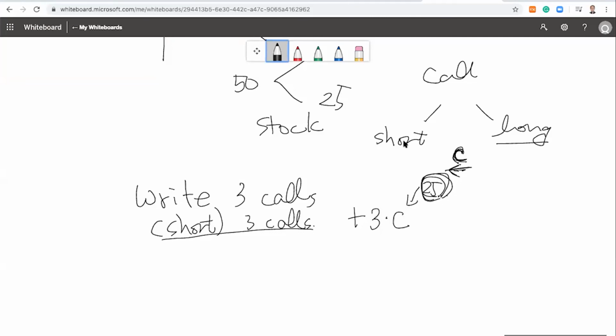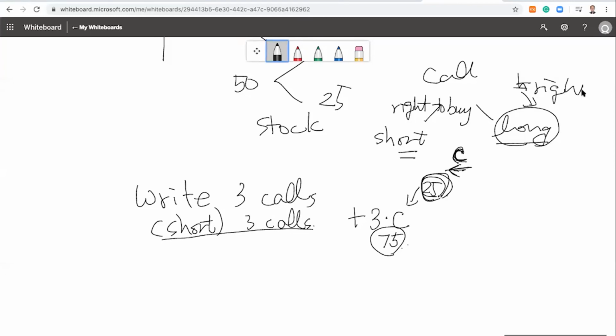Then you sell the call options and receive $75 in total. Since you sell something, actually you sell the right to buy. So this guy has the right to buy. Right to buy what?